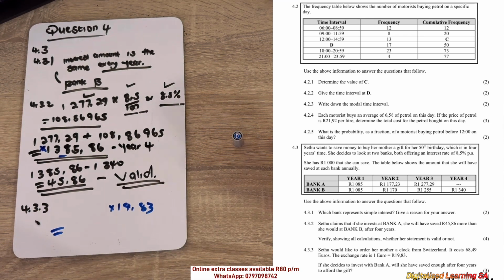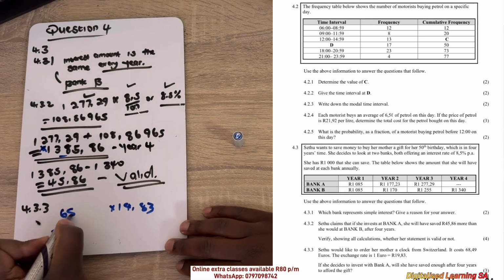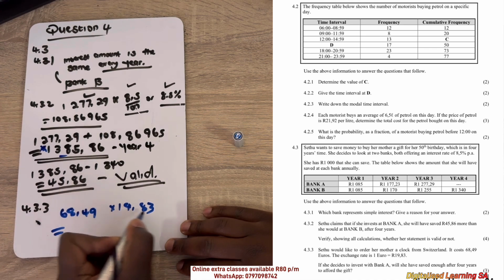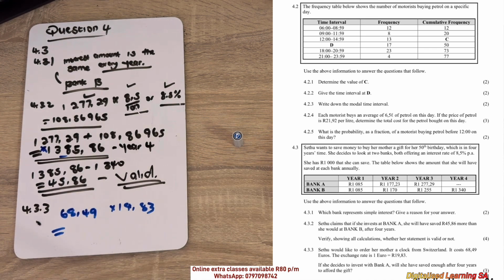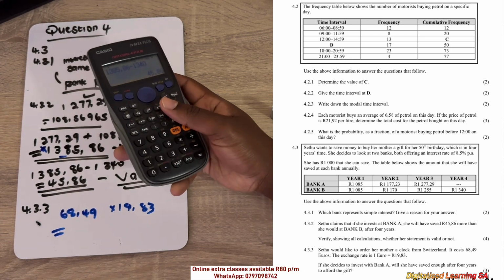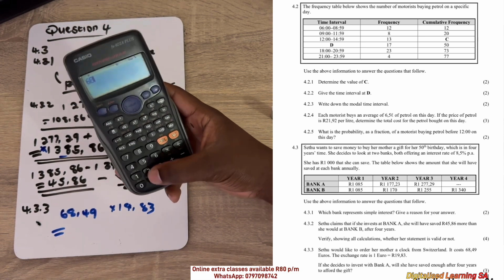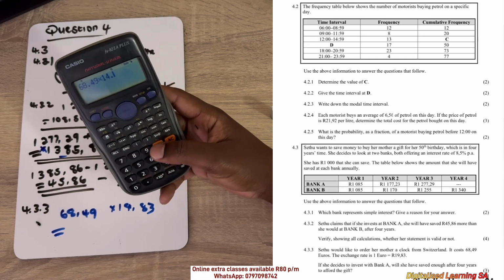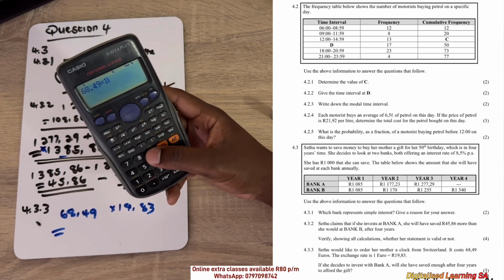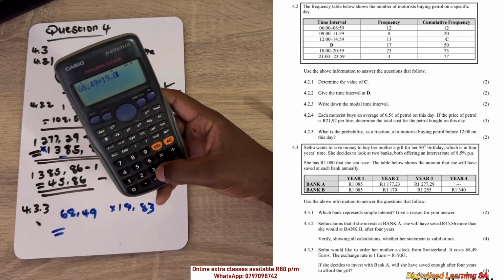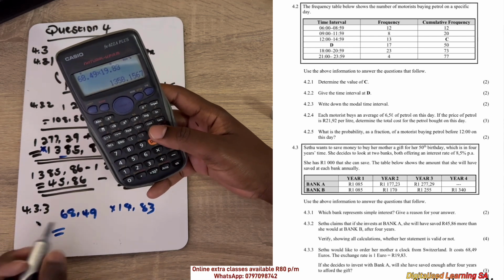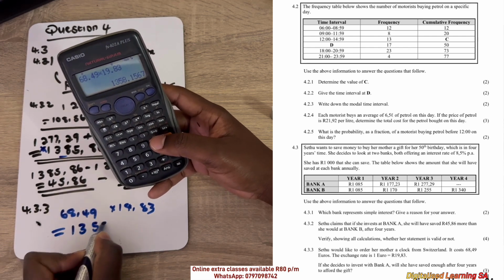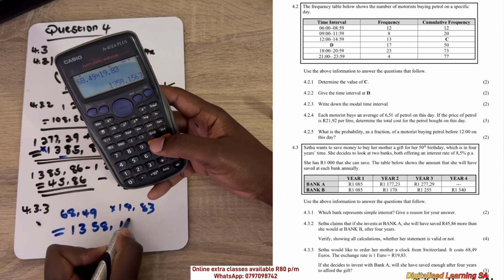So we just come and say 68.49 multiplied by 19.83, so we just multiply by the exchange rate. We say 68.49 multiplied by 14 point, not 14, I think it's 19, right? 19.83, and our answer will be 1,358.16.